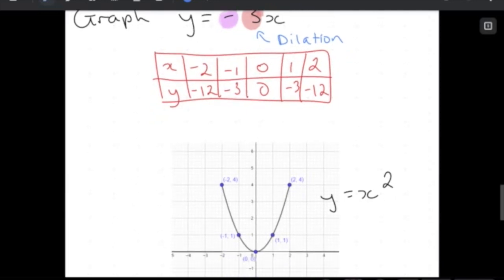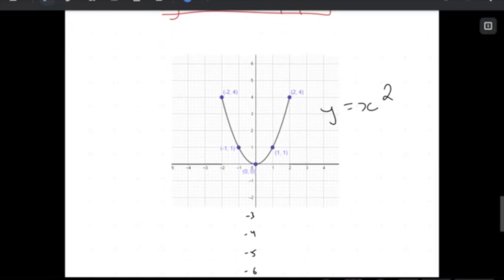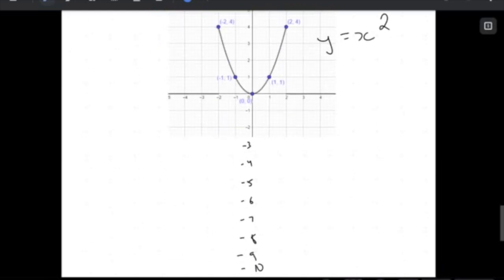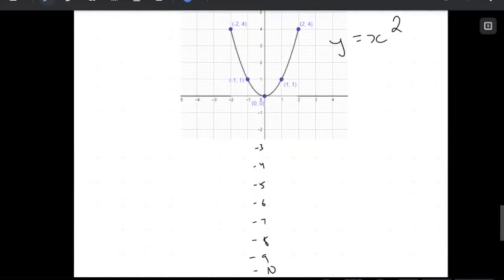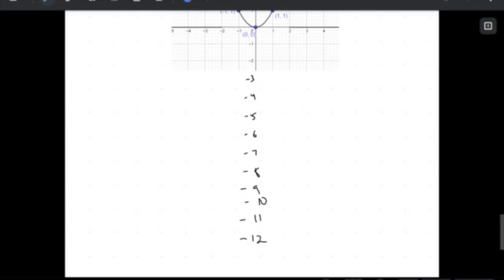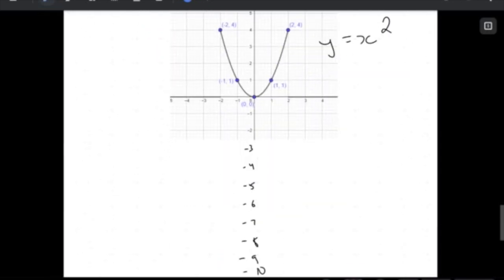Alright, let's just start graphing these. So I'm going to quickly do these. If you want, pause the video and have a go at doing this slowly on your own. But by now we've had a lot of practice here, so I'm going to just go straight into this.